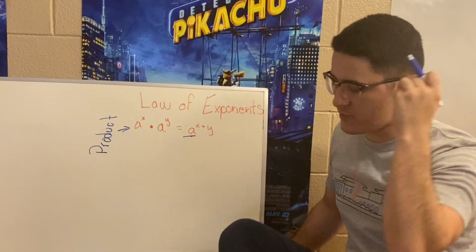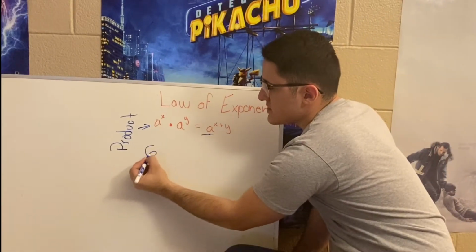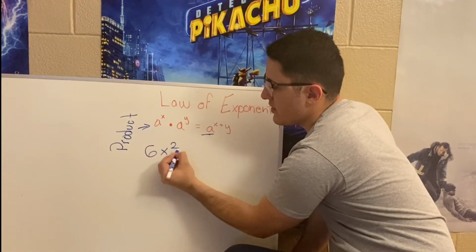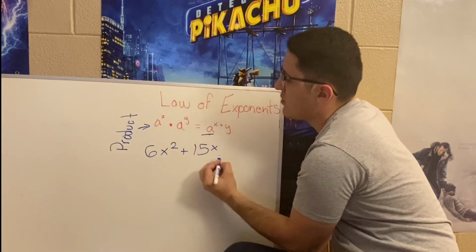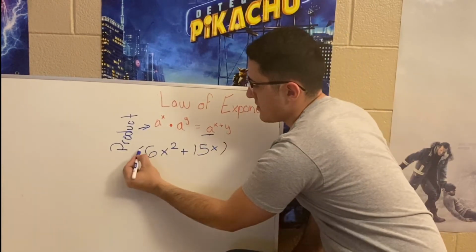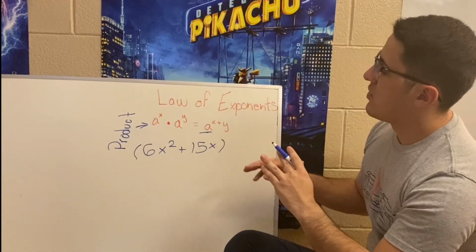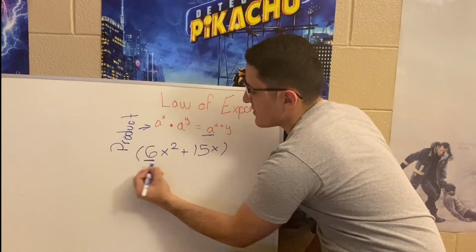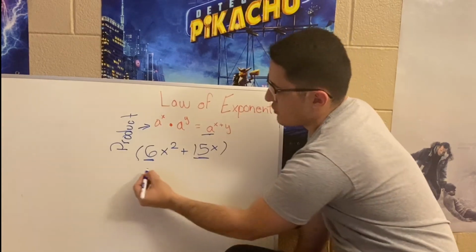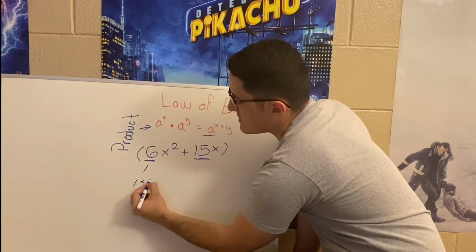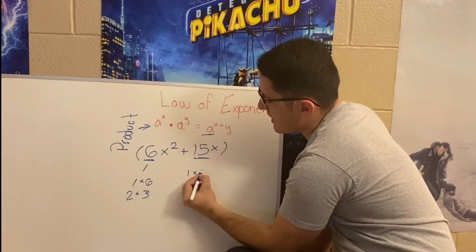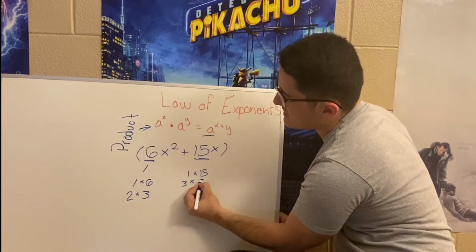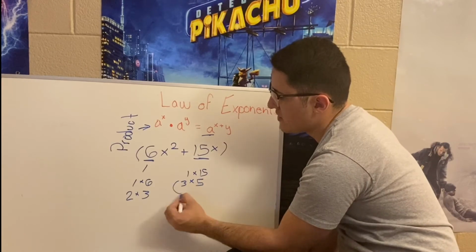So an example would be 6x squared plus 15x. We would need to factor this, okay? So the first thing we would do is find the factors for 6 and 15, which are 1 times 6, 2 times 3, and for 15, we have 1 times 15, and 3 times 5. The biggest common factor would be 3.